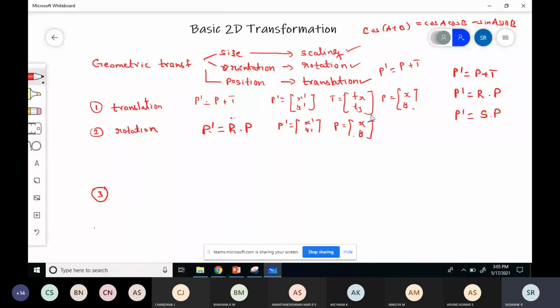But these three transformations can be expressed in one equation only, because whenever there is an animation or a computer graphics application, it's not like in the first step they do the scaling, then the rotation, then the translation. Not like that. All three operations need to be done simultaneously, so that it will be efficient.